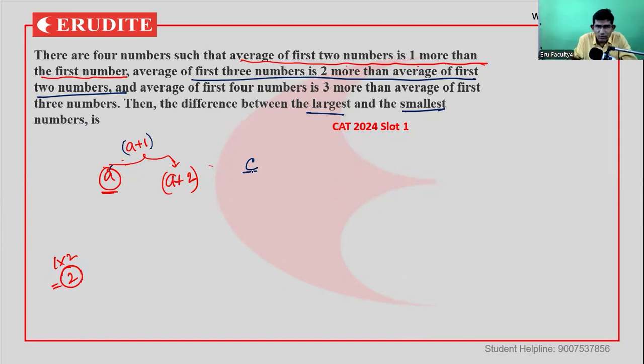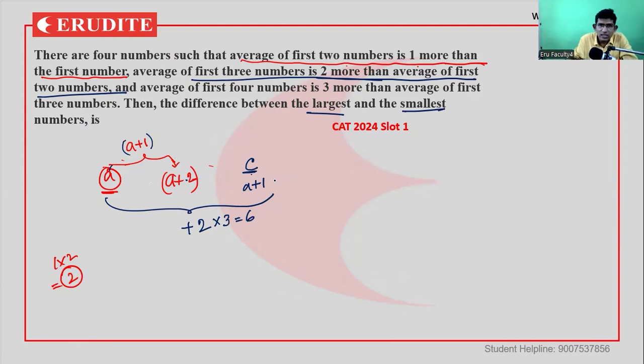Now you see, if the value of C was A plus 1, then the overall average would also be A plus 1. But it says that the average is increasing by 2 more. Now, 3 people's average is increasing by 2 more, which means the total increment must be 6.